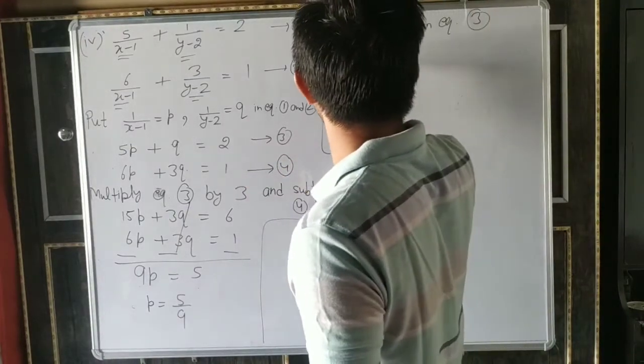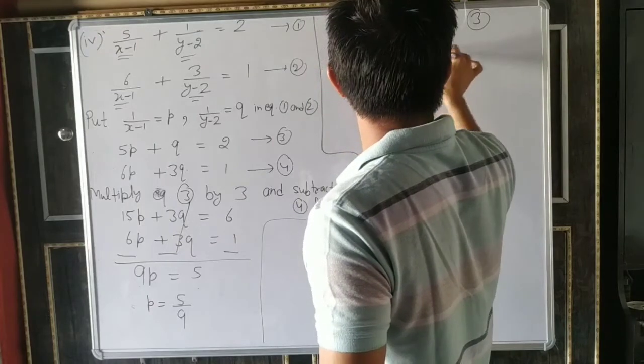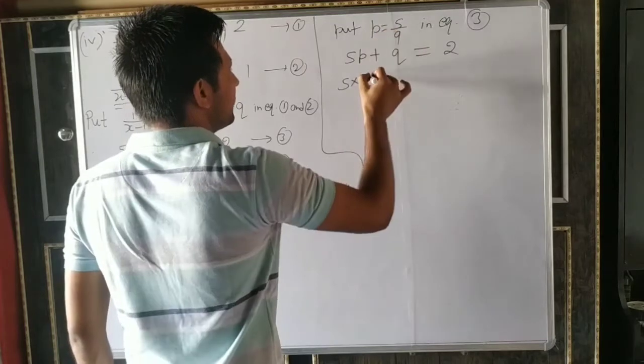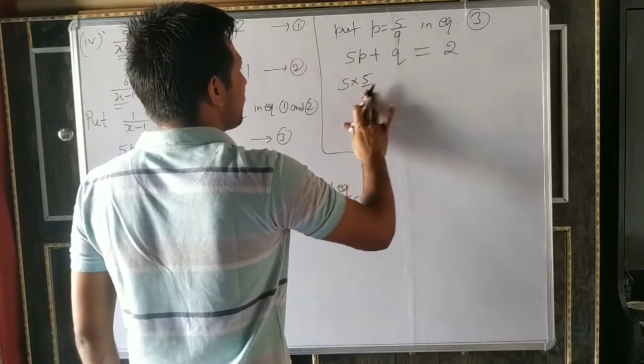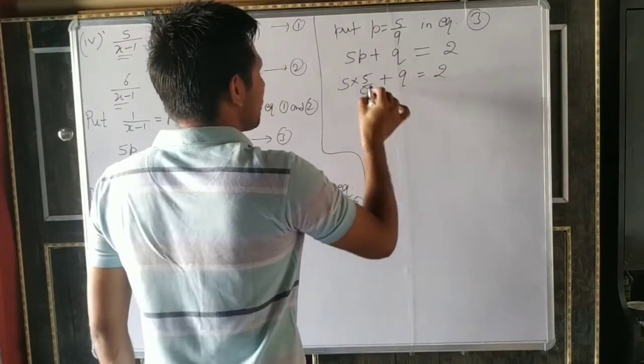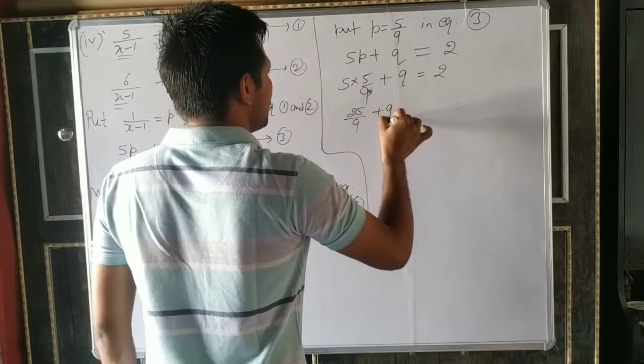So 5p plus q equal to 2. It is 5 into the p value, 5 upon 9, plus q equal to 2. So 25 by 9 plus q equal to 2.